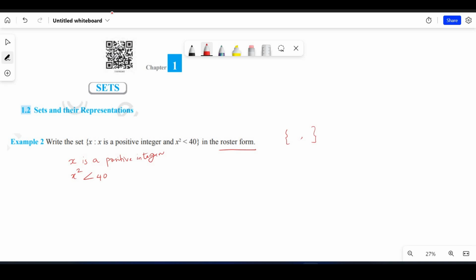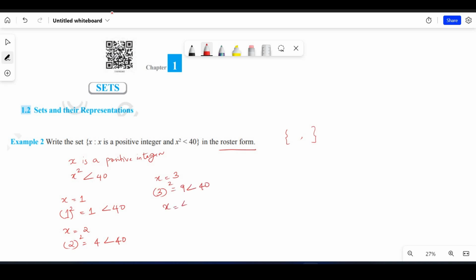Okay, so let x is equal to 1, then x square becomes 1, that is less than 40. Then x is equal to 2, that is 2 square, which becomes 4, which is less than 40. Now x is equal to 3, 3 square is equal to 9, which is less than 40.